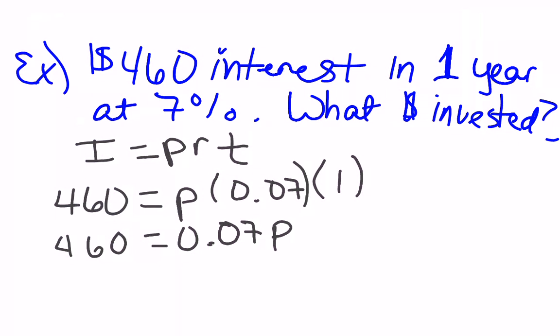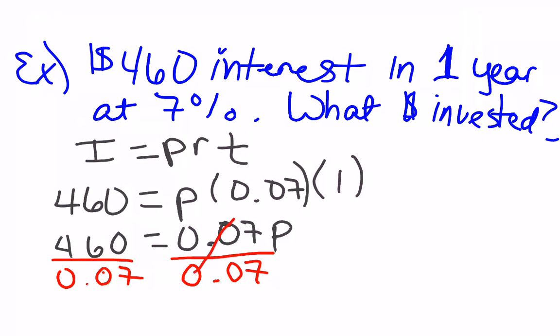So we're going to solve for the variable, and we need to divide both sides by 0.07. So we take 460 divided by 0.07, and that gives us P equals, and we'll have to round it, 6,571.43.